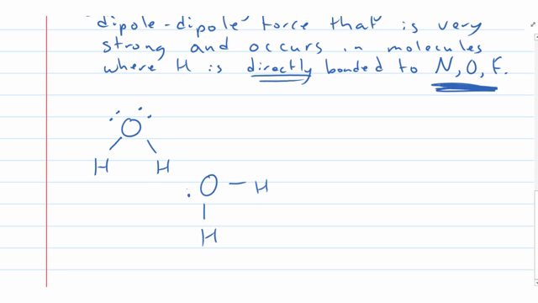let's consider a whole bunch of water molecules together. They would always orient themselves in such a manner that an oxygen atom of one molecule is always near a hydrogen atom of a different molecule. An oxygen of one molecule is always near the hydrogen of another.